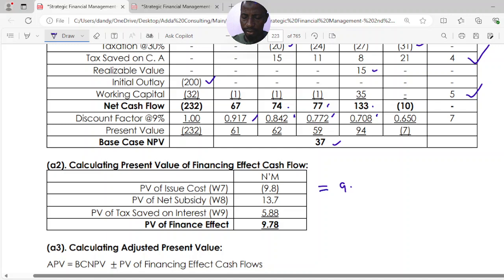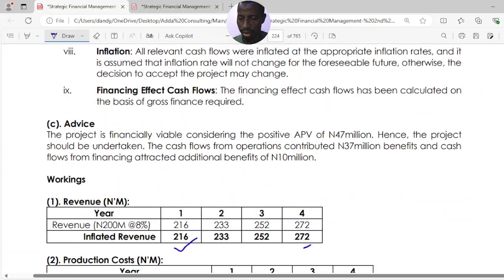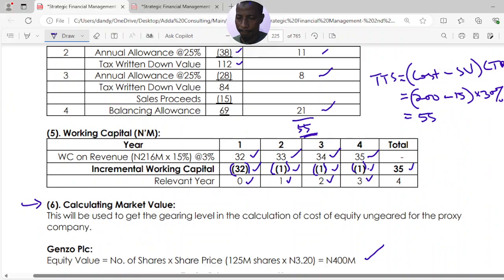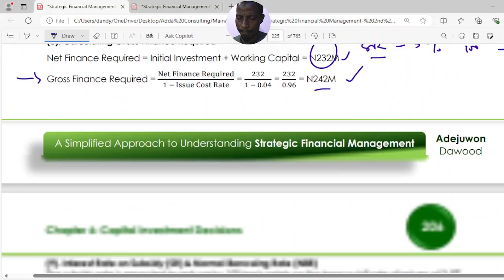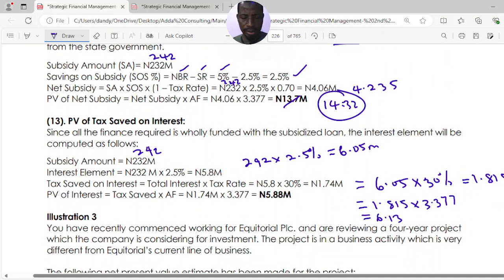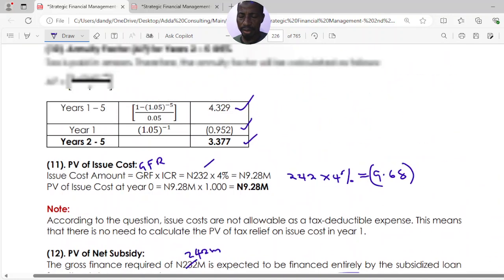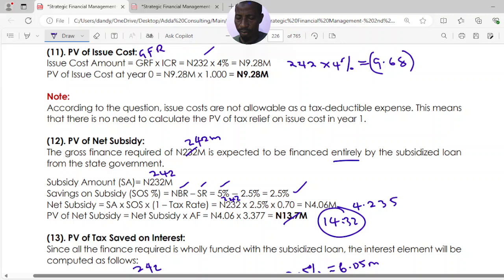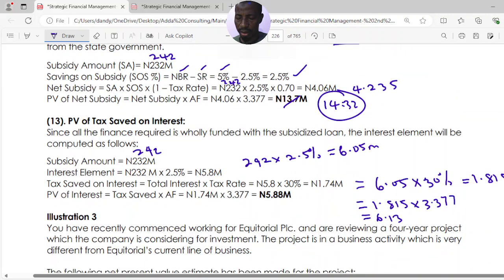Then the PV of net subsidy equals 14.32, I think. Yes, 14.32. Then the PV of tax saved is 6.13.